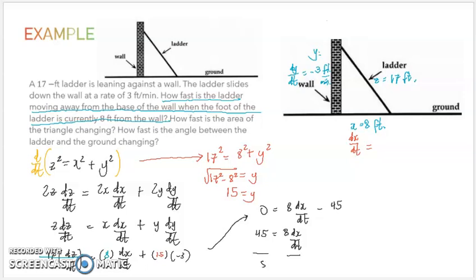Dividing both sides by 8, we get dx/dt is equal to 45 over 8, and that is approximately 5.625.